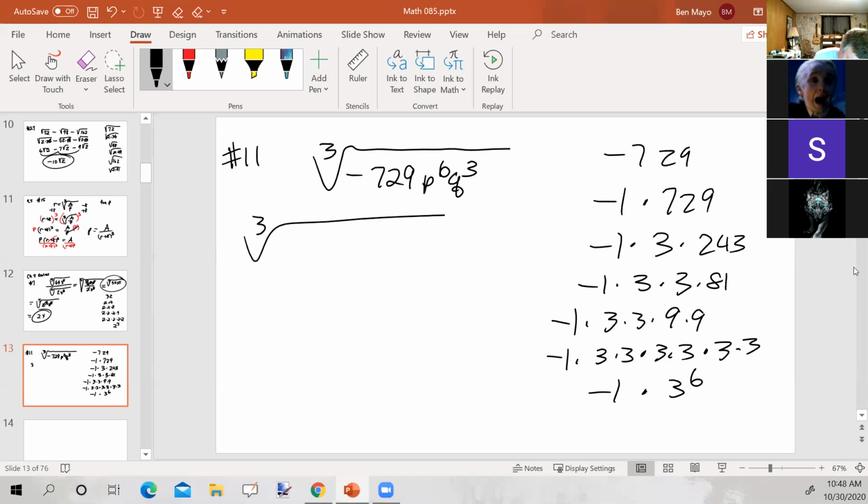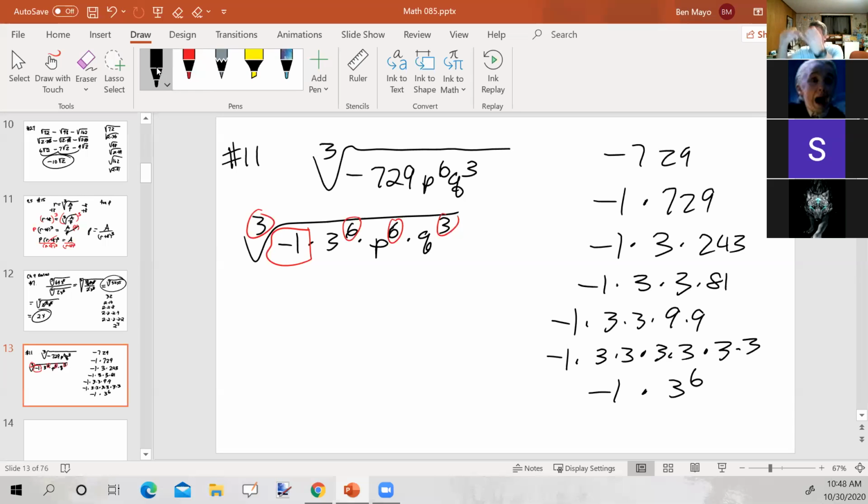So the cube root of negative 1 times 3 to the 6th times p to the 6th times q to the 3rd. Notice, other than on the negative 1, that all of my exponents inside either match the index or multiples of the index. Well, first of all, let's deal with that negative 1. What's the cube root of negative 1?